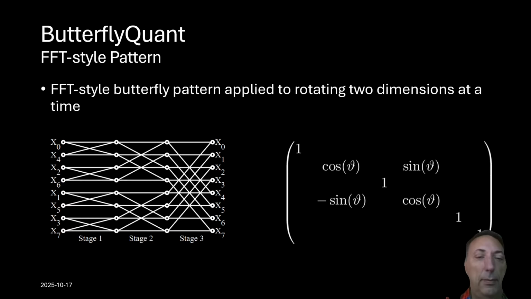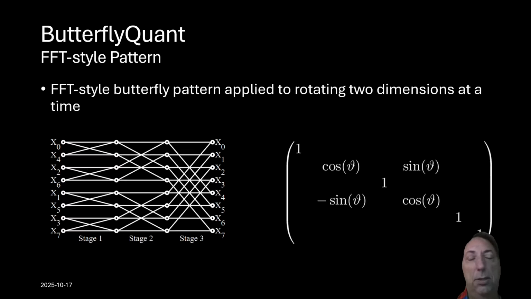And the ButterflyQuant technique uses that rotation, and it does it two axes at a time, and it takes this inspiration from the fast Fourier transform. And this is called the butterfly pattern, and this diagram is actually straight out of the fast Fourier transform, but it's the same kind of pattern where you do two at a time and then two at a time from adjacent siblings, if you will, and then you end up with passing through all possible combinations.